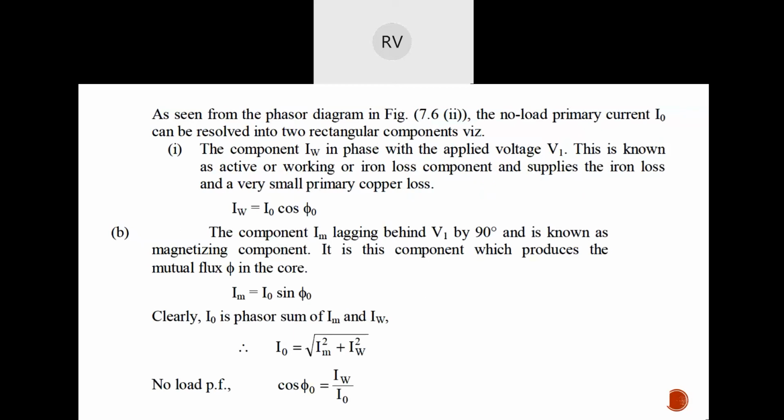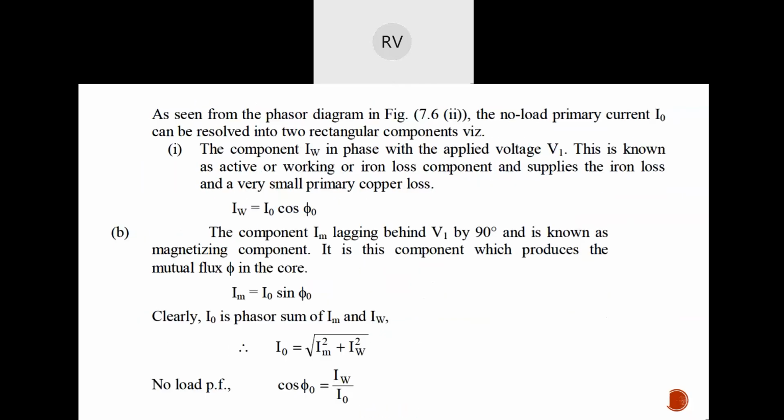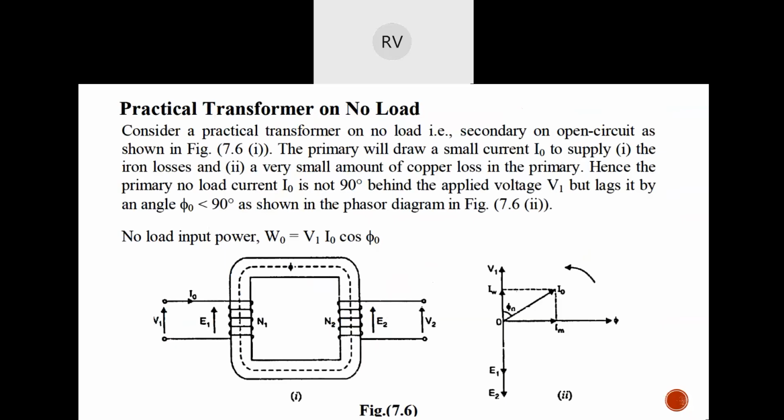It is nothing but the cos of the angle between two parameters. In this case, V1 and I naught are the voltage and current respectively, and the cos of the angle between the voltage and current is called the power factor.